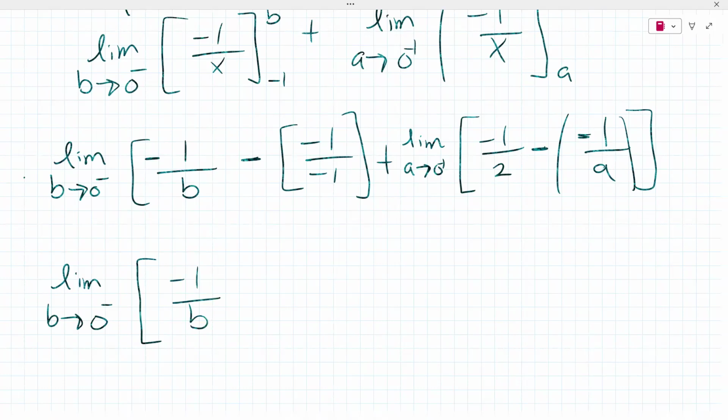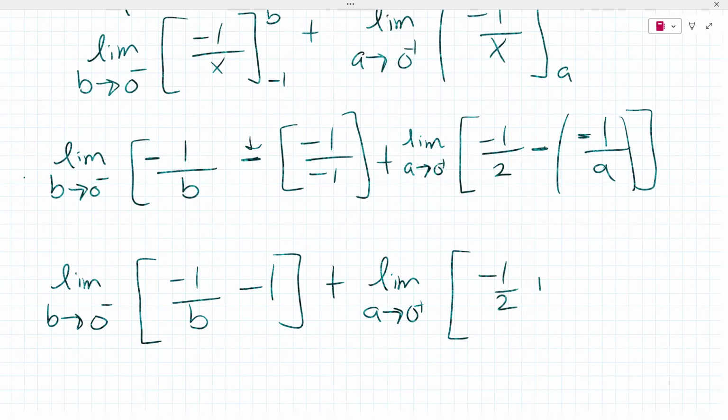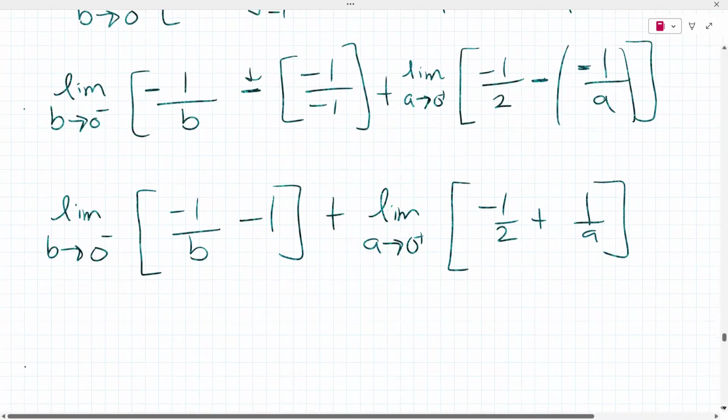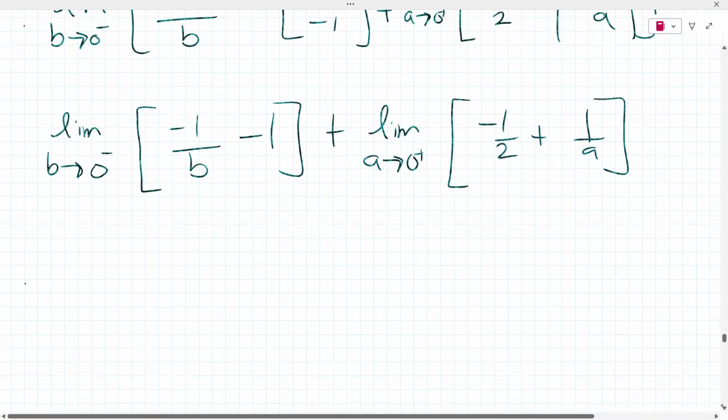And then two negatives become a positive, and then you have this extra minus, so it's minus 1, plus the limit as a approaches 0 from the right of negative 1/2. Over here, two negatives become a positive, so that's 1 over a.